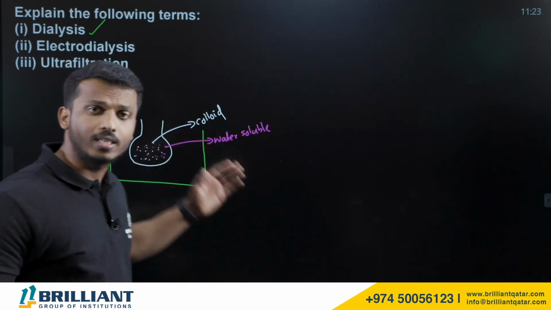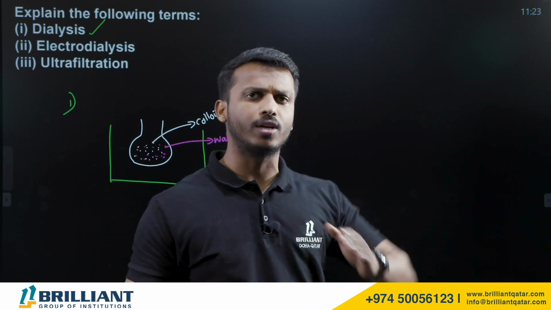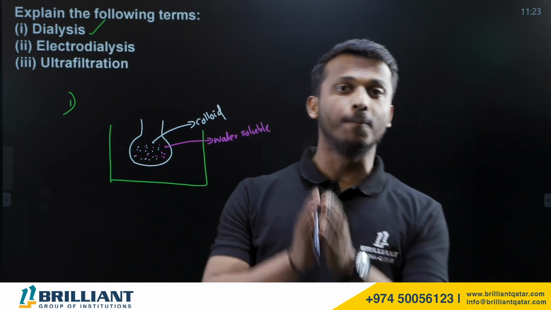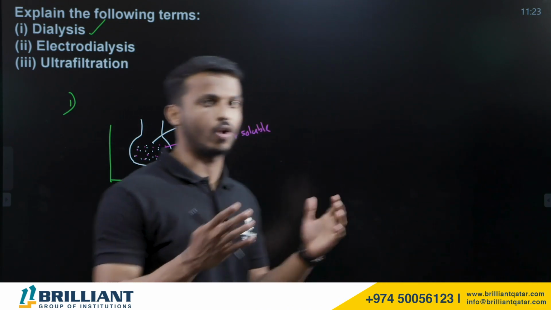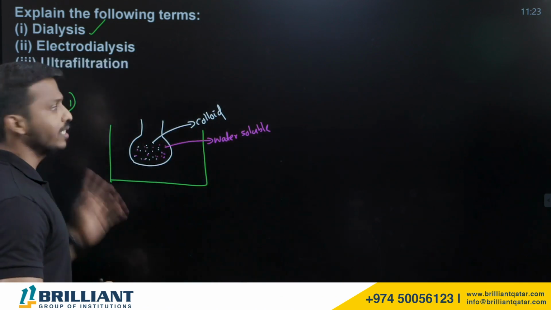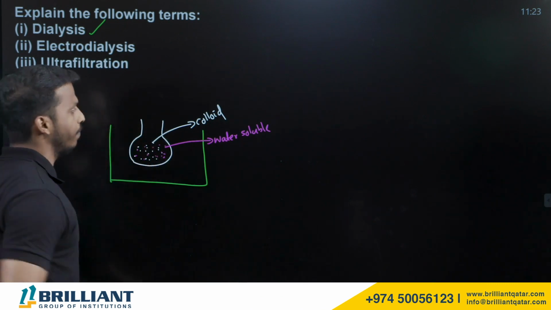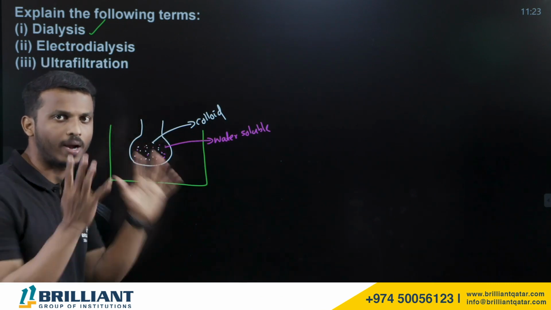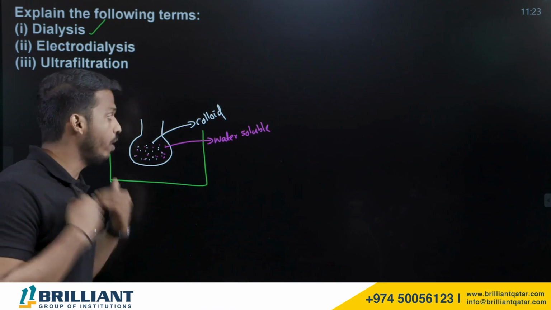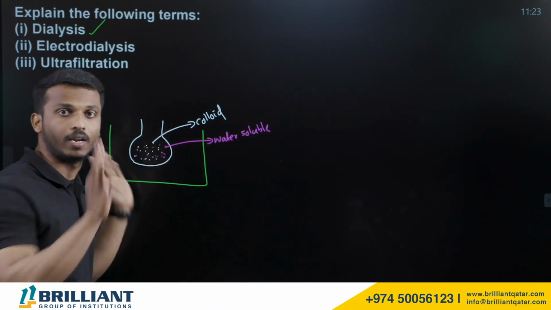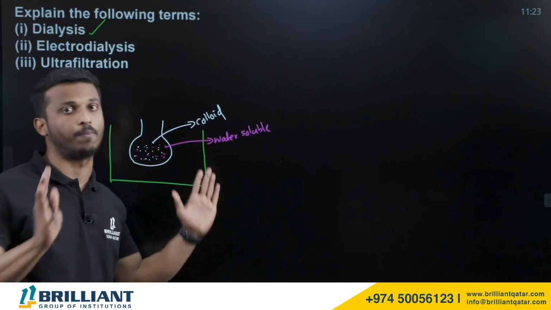So dear students, dialysis, electrodialysis and ultrafiltration, every technique we use to purify colloids. A prepared colloid we can purify. Dialysis is the first step. There is a parchment or cellophane or animal membrane in which colloid and water soluble particles are there. What is our purpose? We want to remove the water soluble particles and make our colloid a little pure.